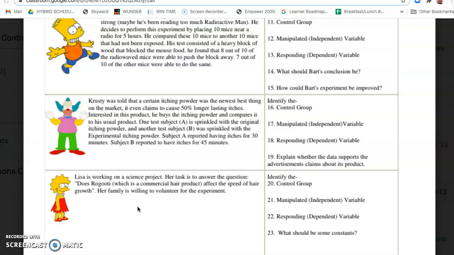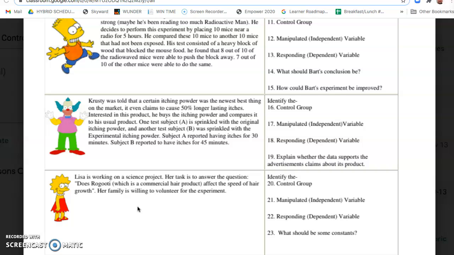What's the control group? What did not change? 17. What's manipulated? What's the independent variable? What are we testing here to see if it can produce 50% longer itches? And 18. The responding variable, the dependent variable. If the powder works, what should happen to the itching?